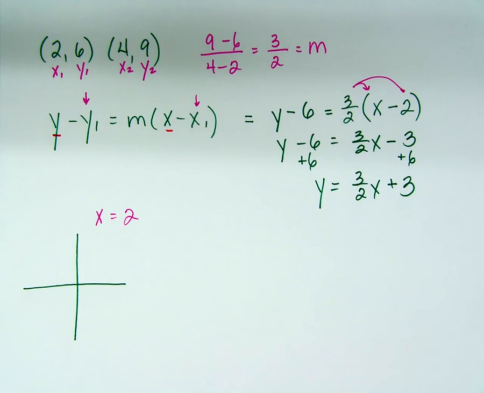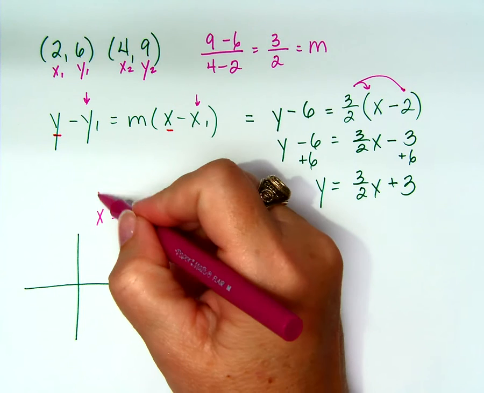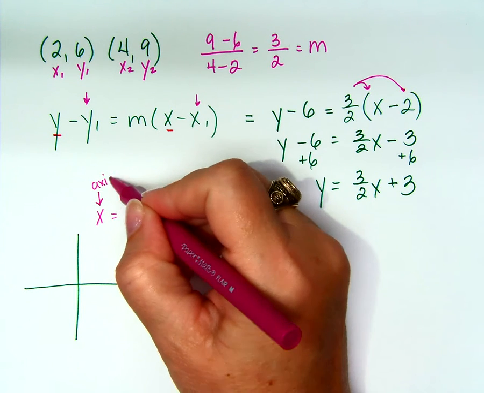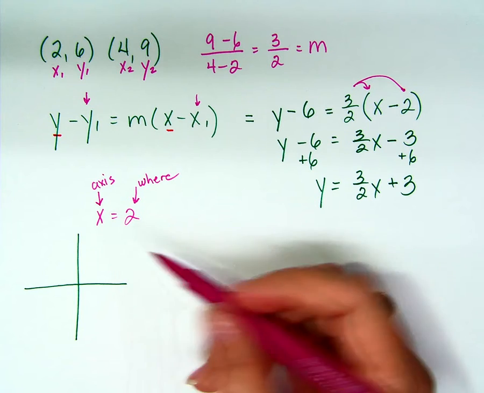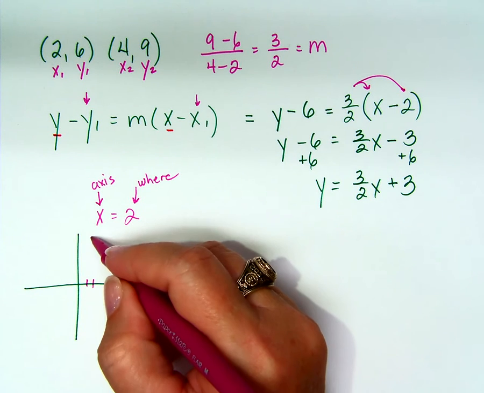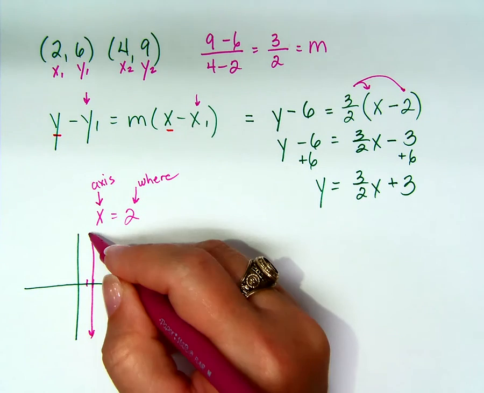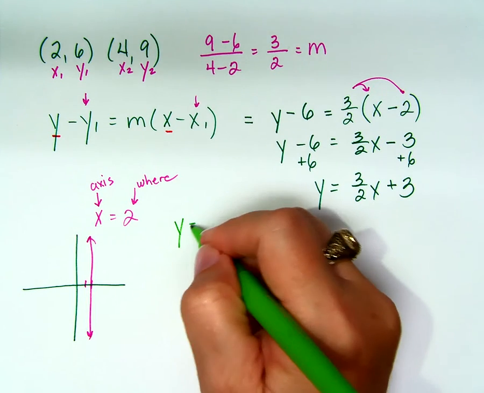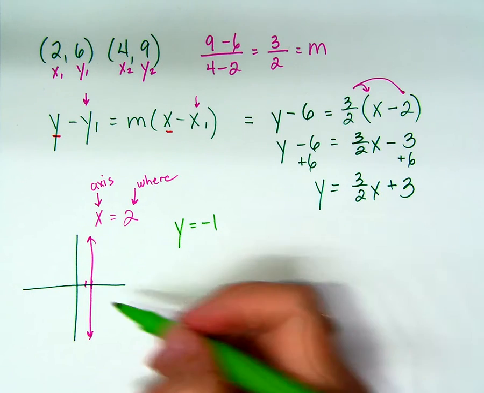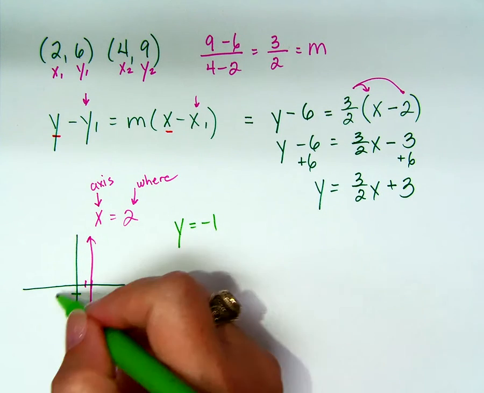If you think about it, it's telling me which axis it's crossing and where. It's crossing the x-axis at 2. So that is a vertical line. Okay? If I say, let's graph y equals -1, it's crossing the y-axis at -1.